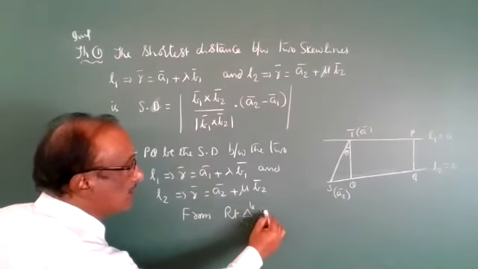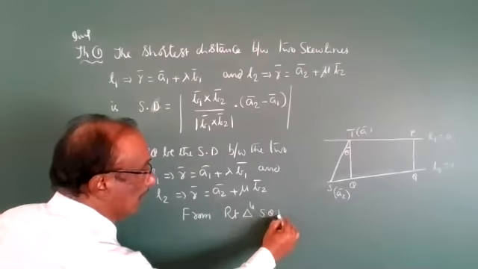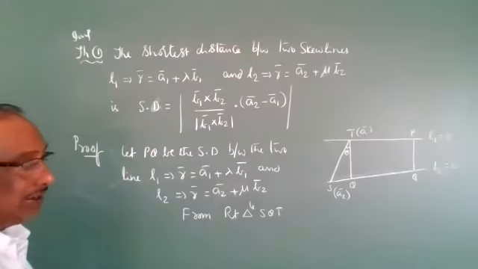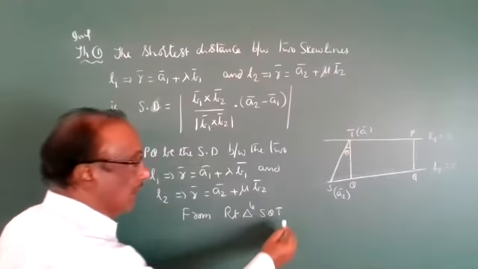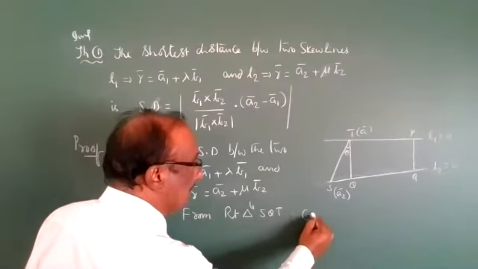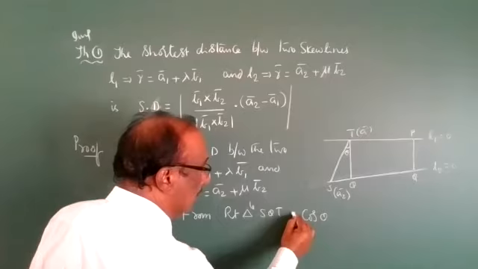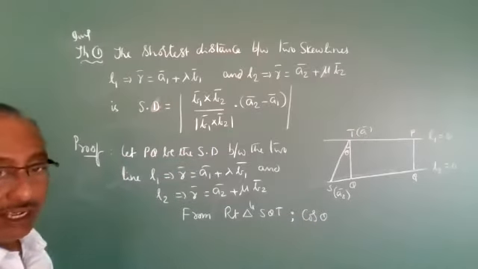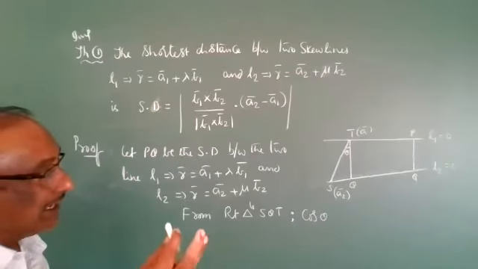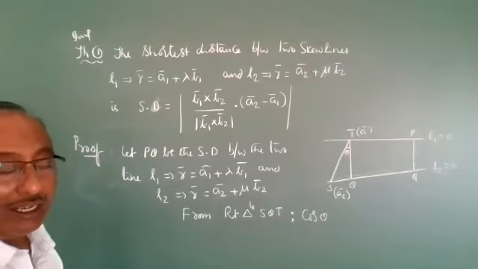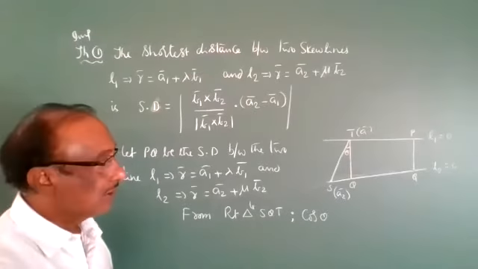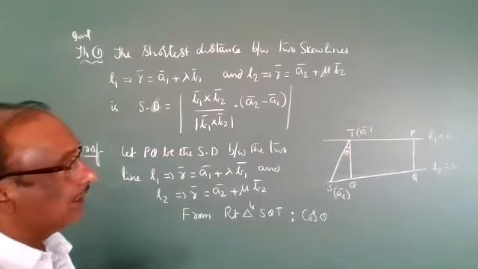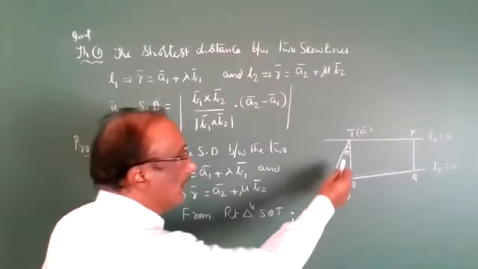What is the SQT? So from that, what is the cos theta value? Write down everyone. Cos theta is equal to adjacent side by hypotenuse.